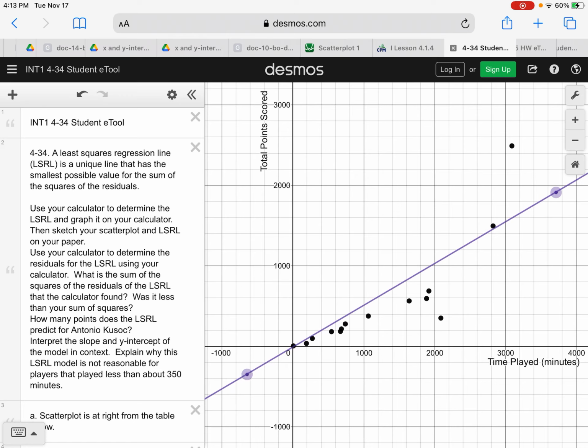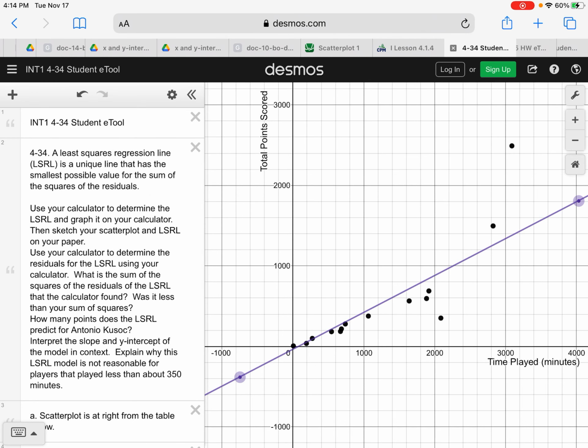Definitely ought to go through 0, 0, since you can't score negative points for 0 minutes, although sometimes the line of best fit doesn't necessarily fit real data all the time. So I don't know, let's do something like that. Get kind of close to it. Hopefully we'll see what the real thing looks like. It's kind of a little off because of the outliers, and we'll just see what we get.